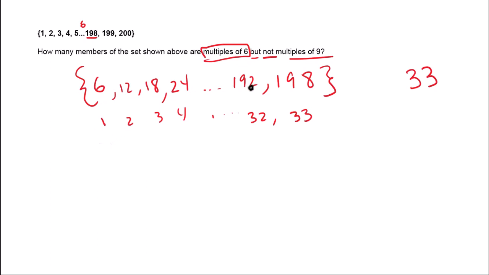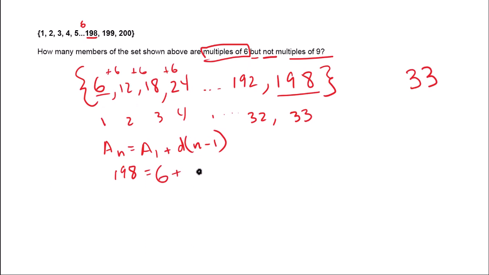Another one is I notice it's an arithmetic sequence, so I can use my arithmetic sequence formula. AN equals A1 plus D times N minus 1, where D, my common difference, is plus 6 for every new term. My AN, in the absence of knowing N, is going to be my last term, 198. My A1 is my first term, which is 6.